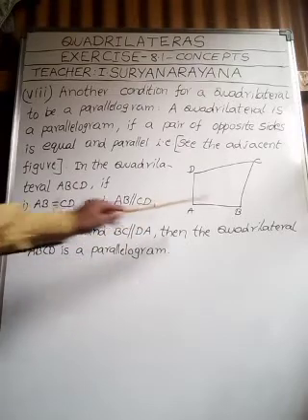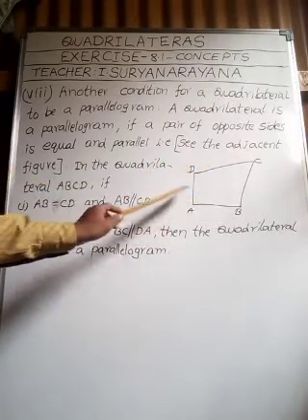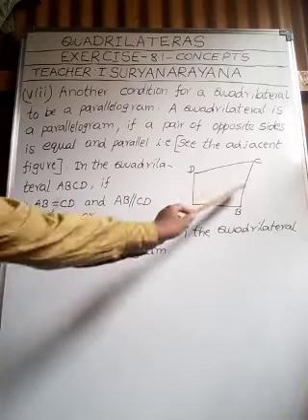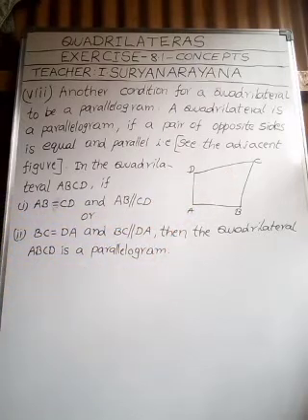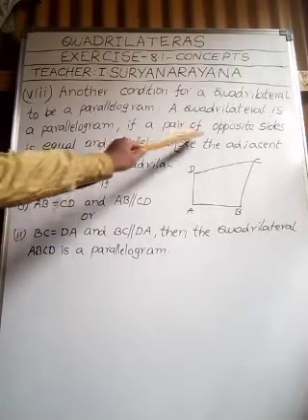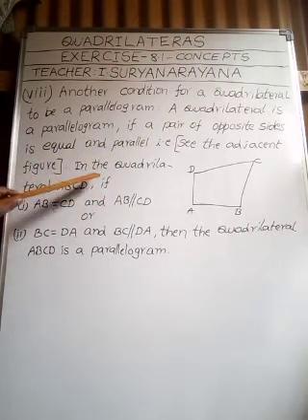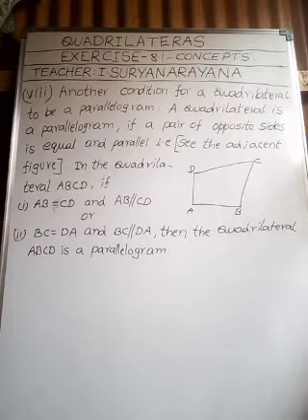Otherwise, we can use this condition also. What is this condition? BC is equal to AD. This pair of opposite sides, only one pair, not two pairs. In the previous points we discussed that each pair of opposite sides is equal, then the quadrilateral is a parallelogram. But here only one pair of opposite sides should be equal and they should be parallel. Okay, my children, understood this difference between the previous points and this point?